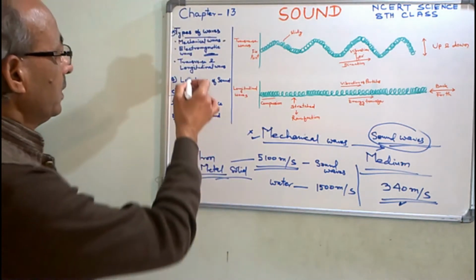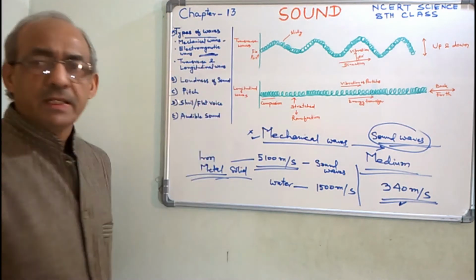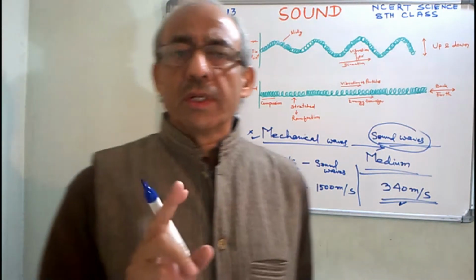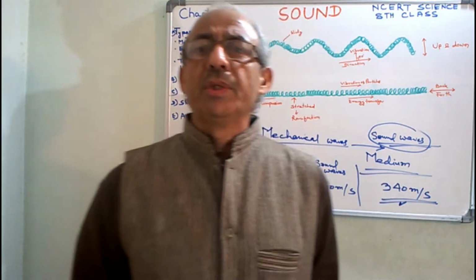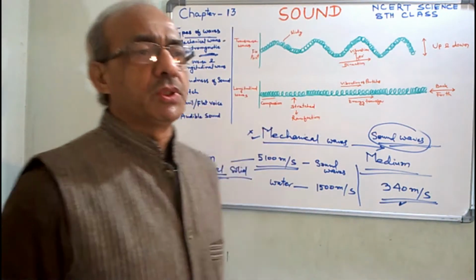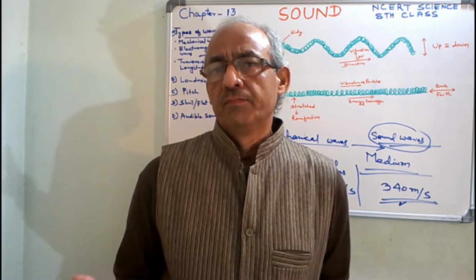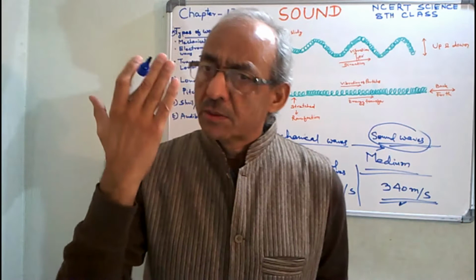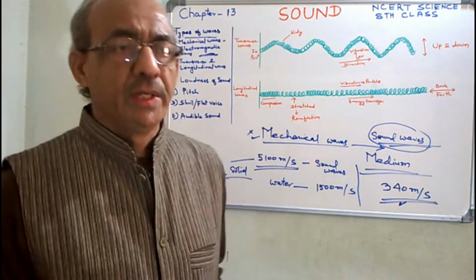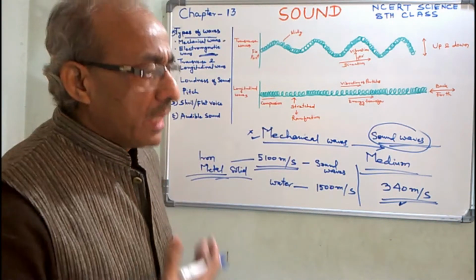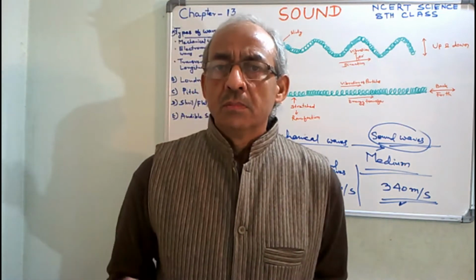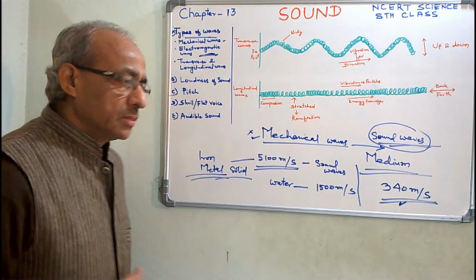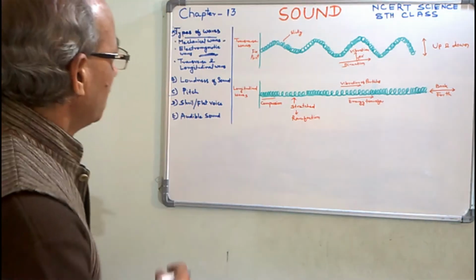But electromagnetic waves like light do not require any medium for transmission. Example, the sun. The sun rays are coming from the sun. There is space, and in space there is no medium. So light rays do not require any type of medium for their transmission. Clear?